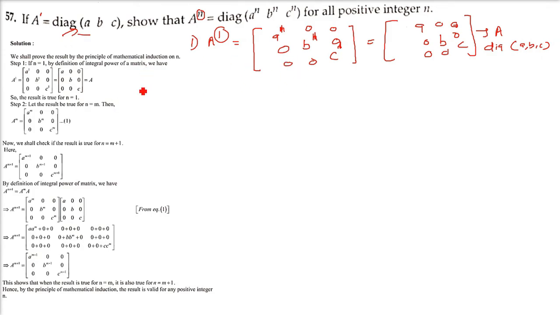The second step, always in the principle of mathematical induction, is we assume that this is true for any k, and we need to prove that if it is true for k, it is also true for k plus 1. So let me write A raised k. Wherever we have n, just replace it by k.